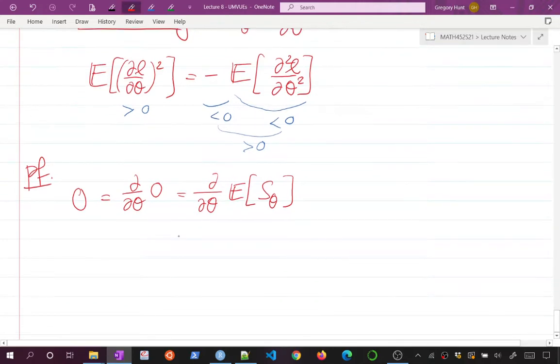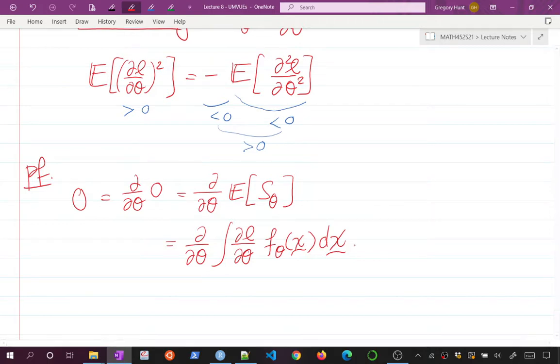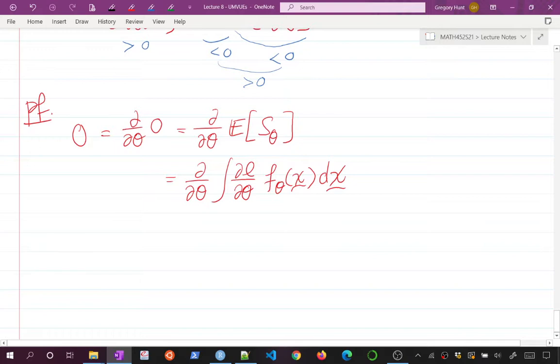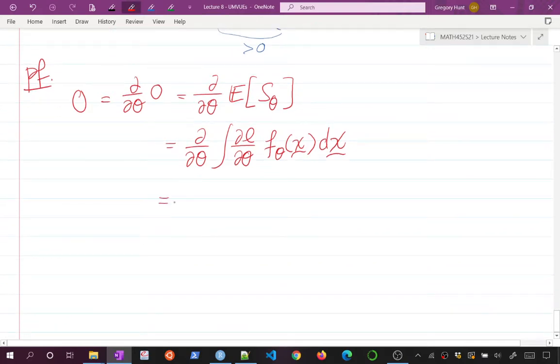And we can write what the expected value of the score is, right? It's the integral of the score, which is basically dL/dθ, multiplied by the PDF, and we're integrating against all of our little x's. And, okay, now I'm going to abuse an interchange.